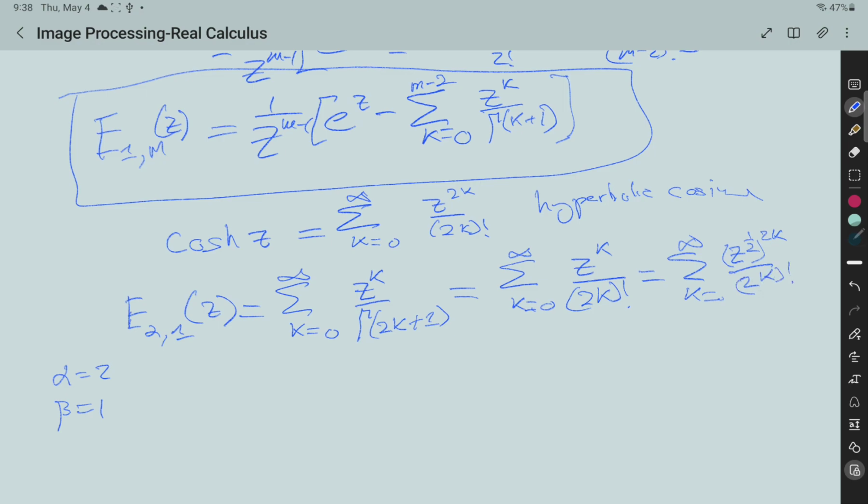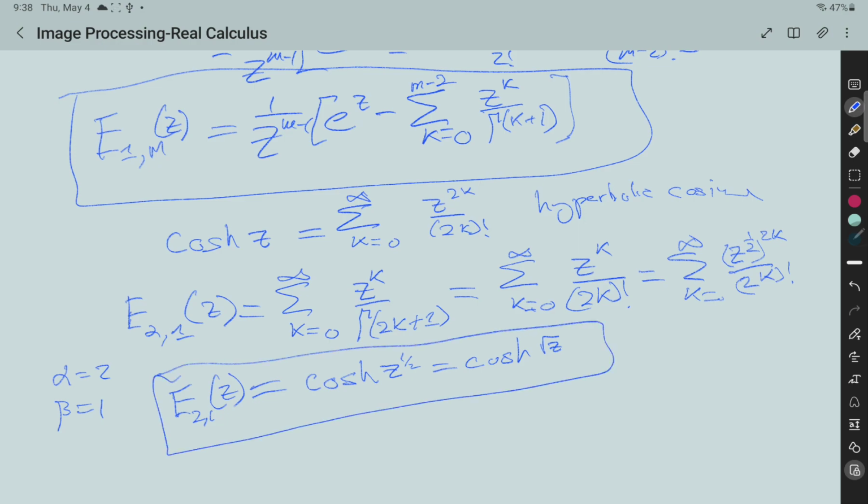That is like the series that you see up here, except this is now equal to the hyperbolic cosine of not z, but the square root of z. So the Mittag-Leffler function E 2 comma 1 of z is equal to the hyperbolic cosine of the square root of z.